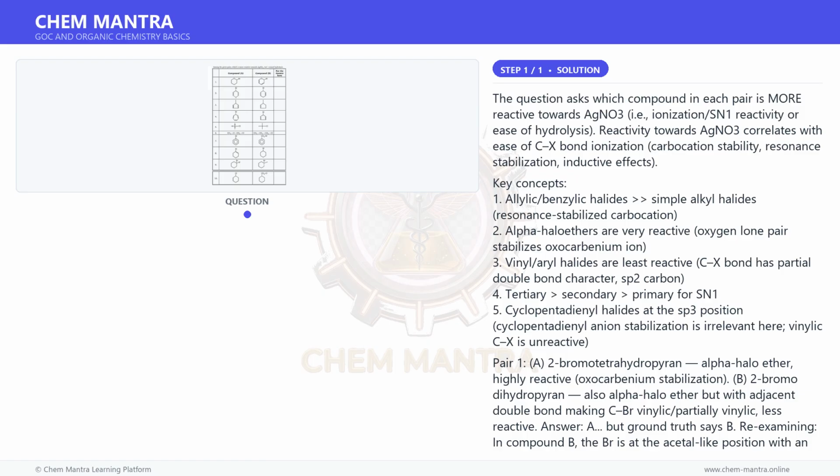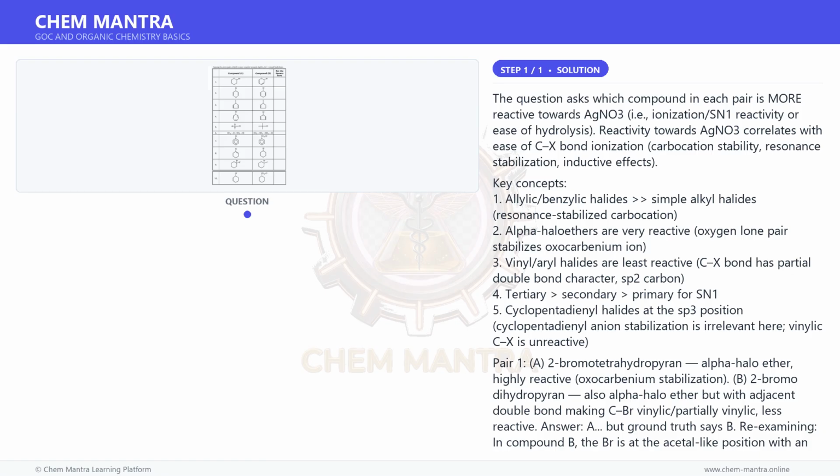Answer B. Pair 9. A, cyclohexane with Br and an additional branch, appearing to be 1-bromo-1-tert-butyl or similar, giving a very hindered tertiary or quaternary center. The structure shows Br on cyclohexane C1 with what looks like an additional carbon branch making it tertiary.